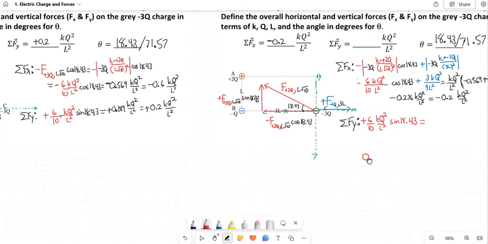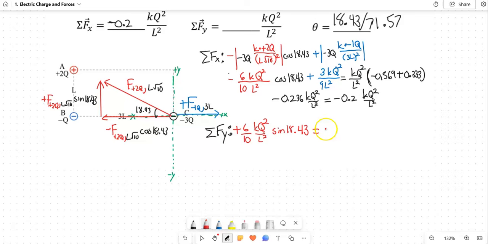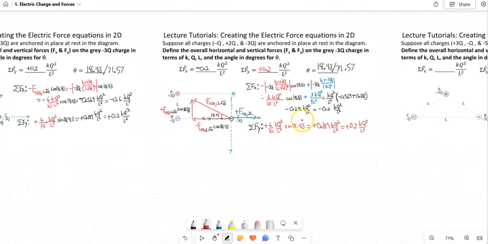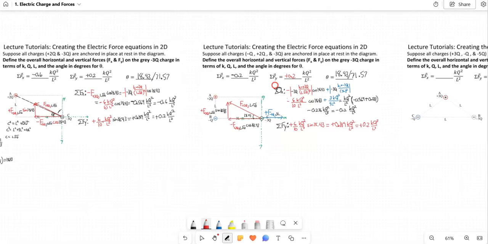When we worked that out, we got 0.189, which was 0.2. So positive 0.189 kq squared over L squared, which is positive 0.2 kq squared over L squared. So positive 0.2. All right. And that is your answers for the first two.